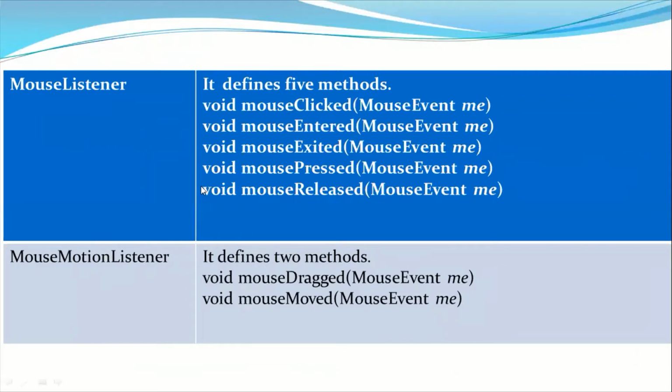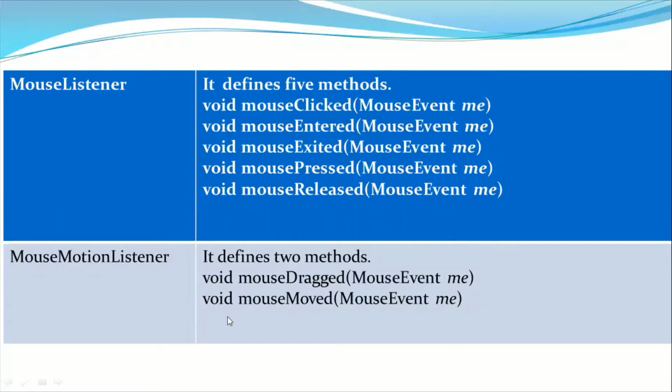MouseListener defines 5 methods: mouseClicked, mouseEntered, mouseExited, mousePressed, mouseReleased. If you are implementing MouseListener, we need to define all these 5 methods. And if you are implementing MouseMotionListener, we need to define its 2 methods in the program, because these methods are overridden methods.